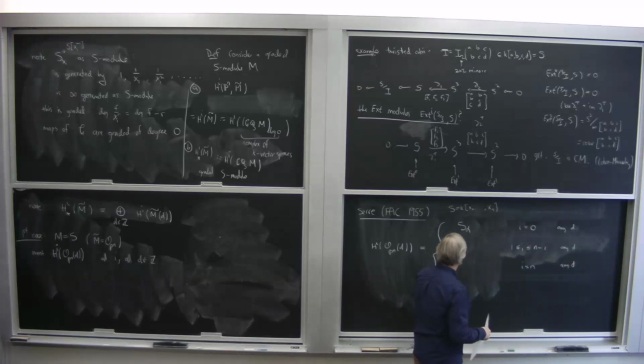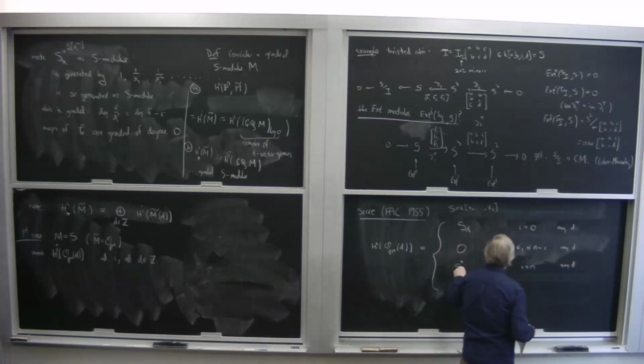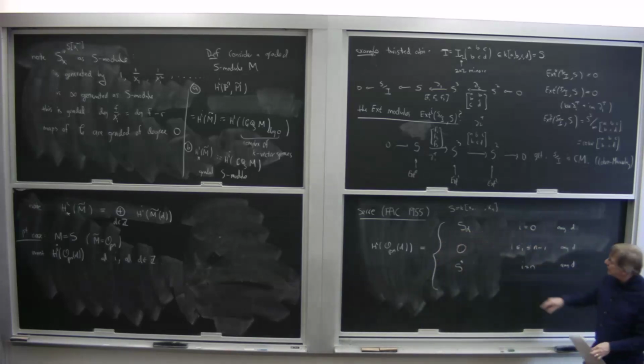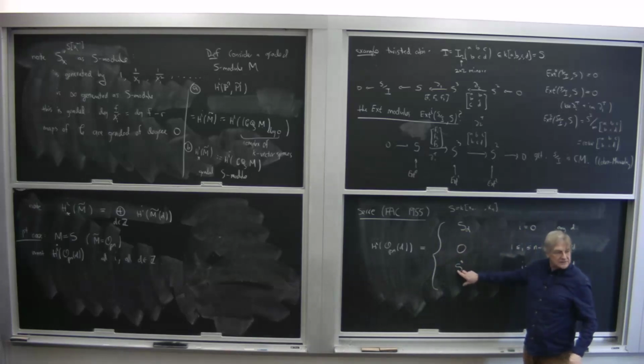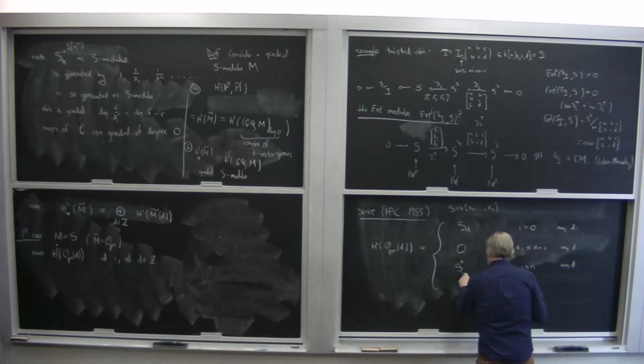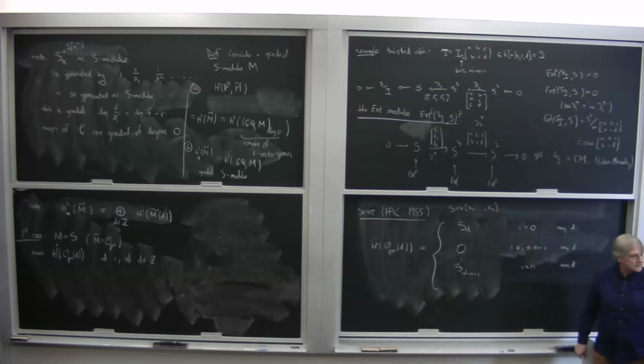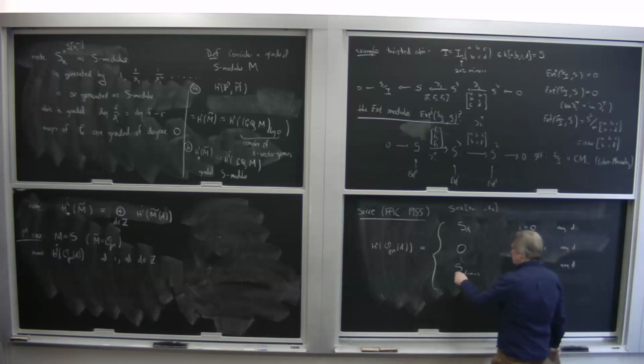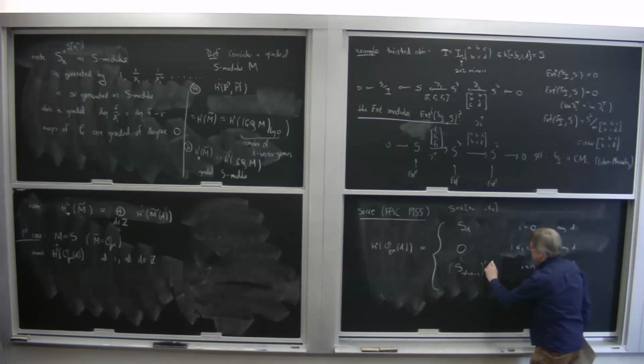It turns out to be the dual vector space of S in degree minus d minus n minus 1. This is a vector space, it might be 0, but it's a vector space. It's the k-vector space dual.